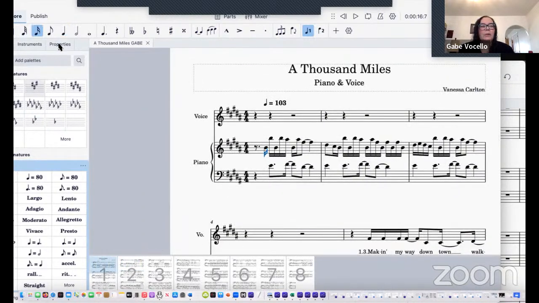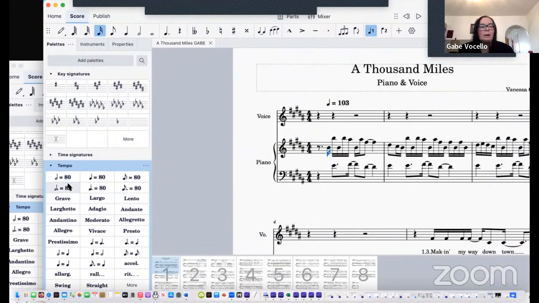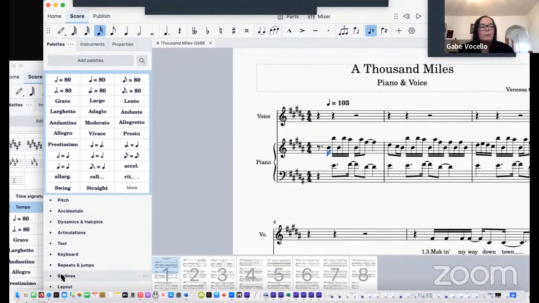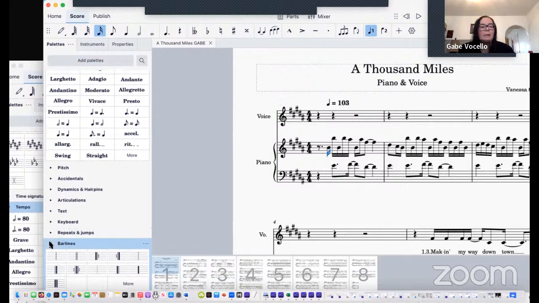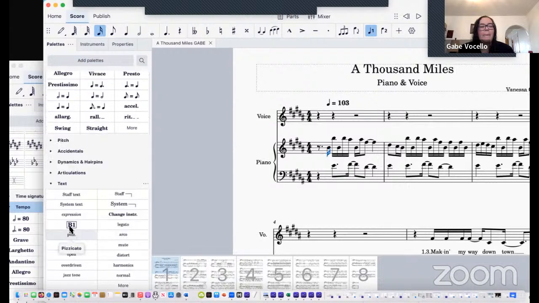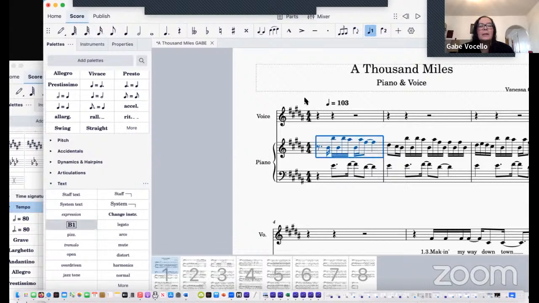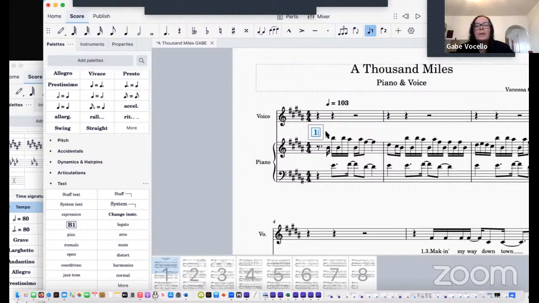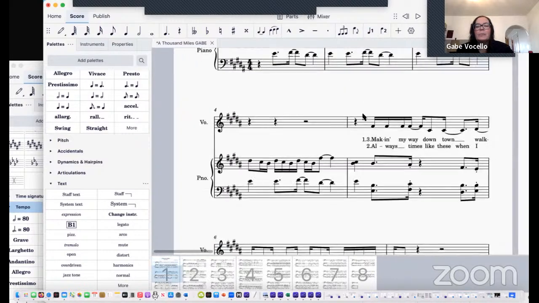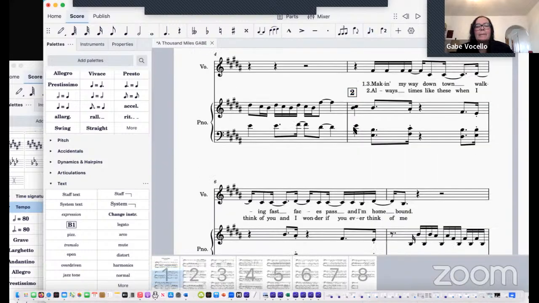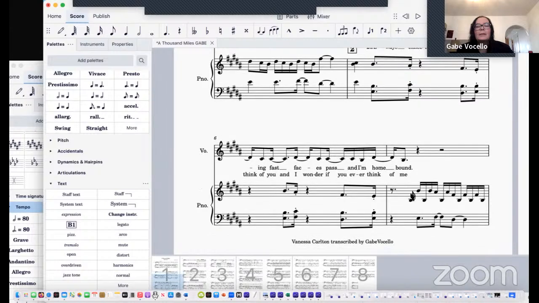Okay, let's just, for the sake of finding those patterns in the rhythm, say this is 1. Pattern number 1. Pattern number 2.